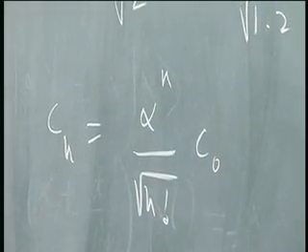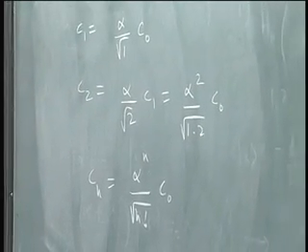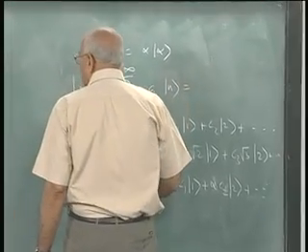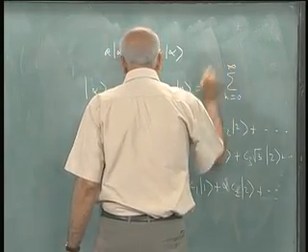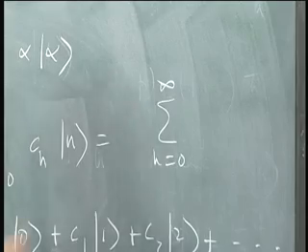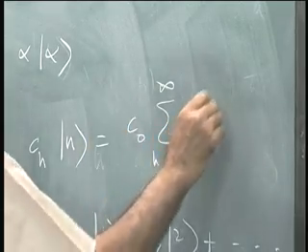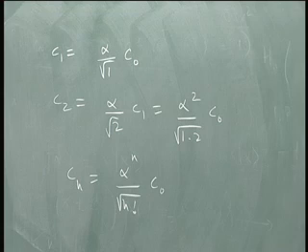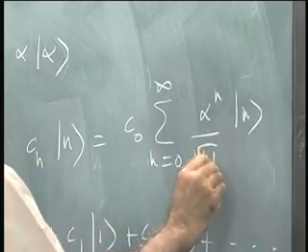So this fixes all the coefficients, and in fact it tells you that this is perfectly reasonable. This is equal to a summation from n equal to 0 to infinity. There is a coefficient C0 that comes out, and then there is an alpha to the n acting on n over square root of n factorial.